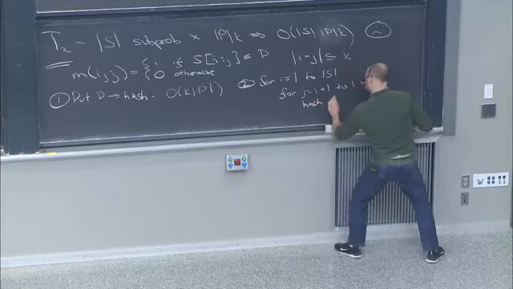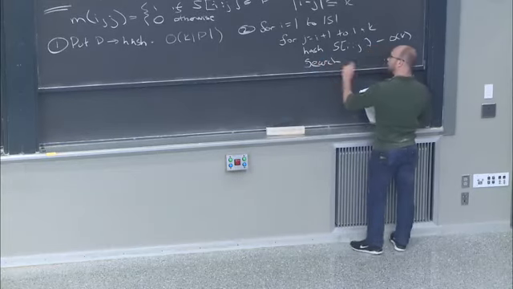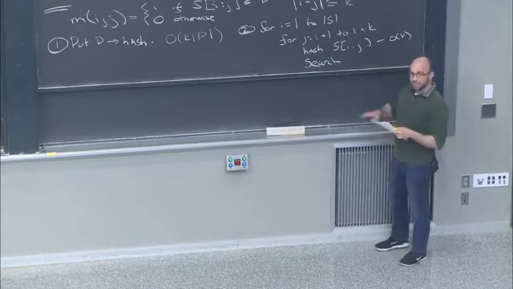And I can search for it to see if it's actually in our hash table of P. And if it is, then I set m equal to 1. Otherwise, I set m equal to 0. And these are sort of constant time operations, at least in expectation.